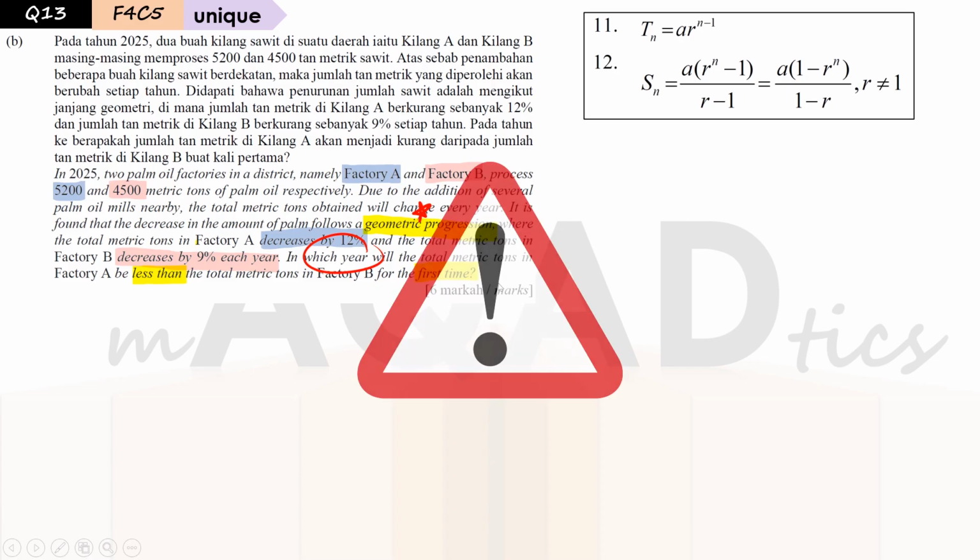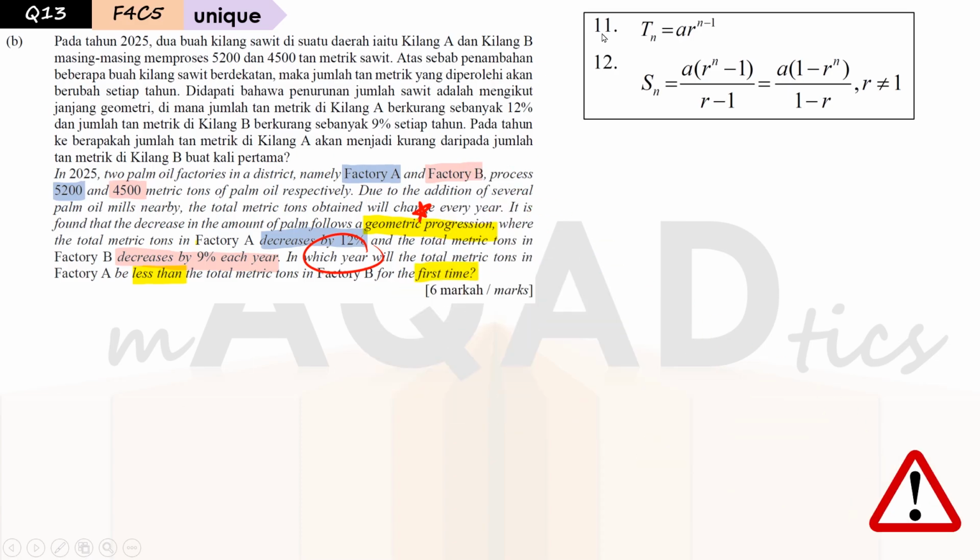In this situation, should we use Tn or Sn? If you read this sentence again, in which year is the production of factory A less than B for the first time?